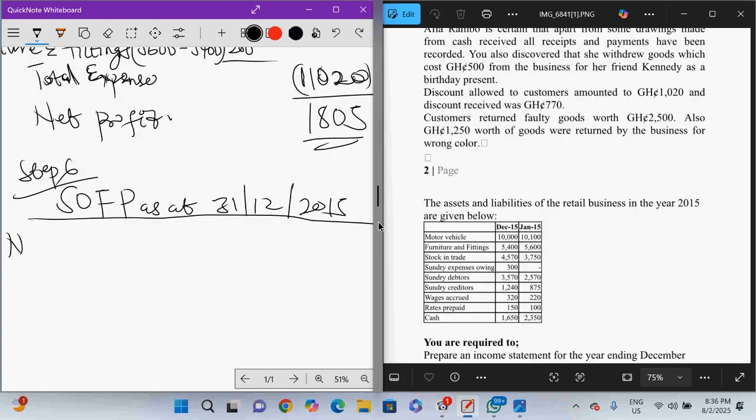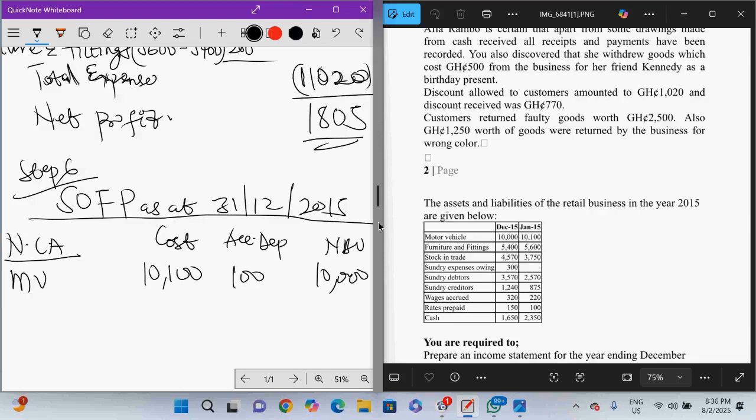So we have the non-current assets, with the cost, the accumulated depreciation, and the net book value. So the motor vehicle, what was the cost? At the beginning, 10,100. Depreciation is 100. It's giving us 10,000.